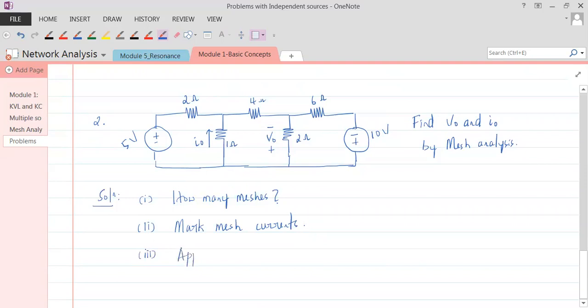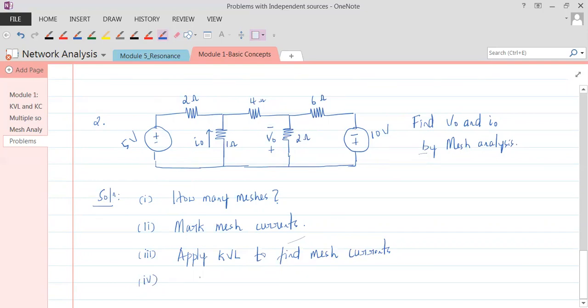Apply KVL to find the mesh currents. They have not asked us to find the mesh currents, but since they have told us to do this by mesh analysis, we have to find the mesh currents.